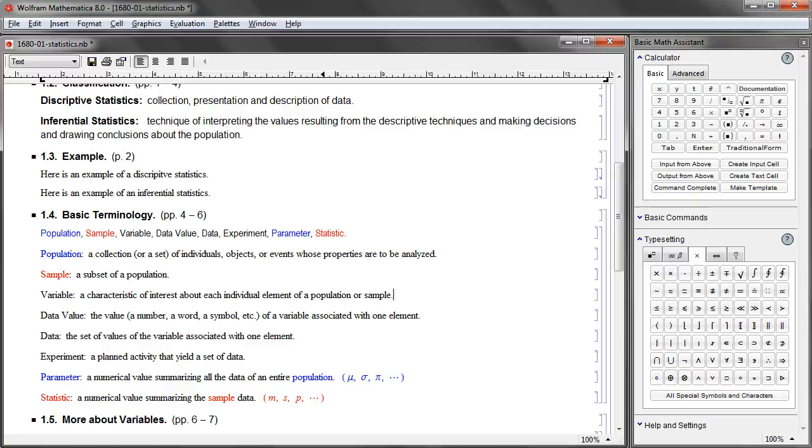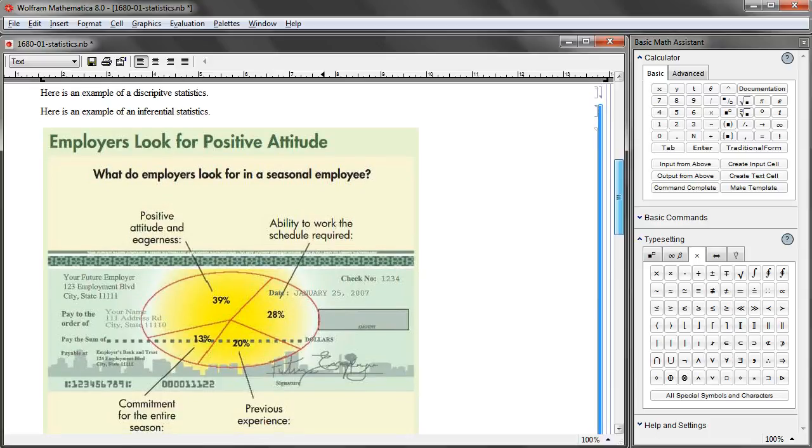A variable is a characteristic of interest for an individual element of a population or a sample. So one element or one hiring manager, for example, may have a number of different characteristics. In this particular example we saw in the second one, there's only one question: what do employers look for in seasonal employees?